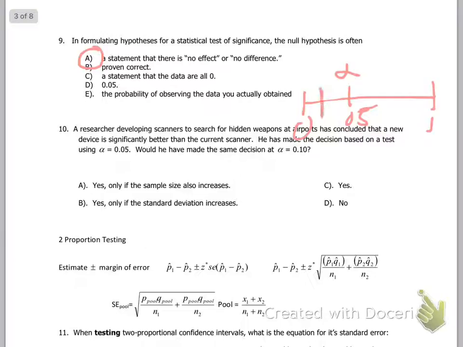And so that means here, if 0.05 is my alpha, my p-value is between 0 and alpha, so my p-value is right here. Now, let my new alpha be 0.1. Would I make the same decision? The answer is yes, because it's still less than.